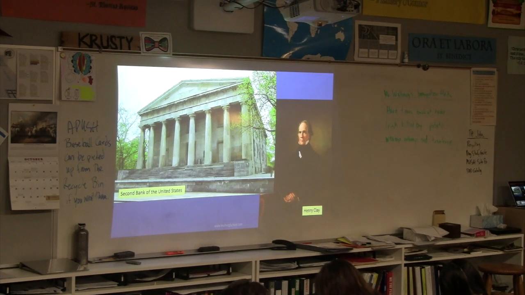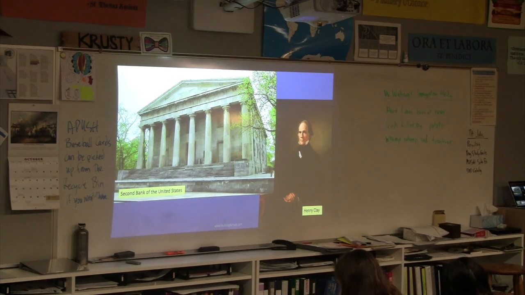Henry Clay of Kentucky, this guy on the right, led a faction of the Republicans. So the Federalist Party has collapsed. There's really only one political party left, but it's worth noting that it's not a very well united party. And on one side of them are kind of the National Republicans. The National Republicans think of our country as a single nation.